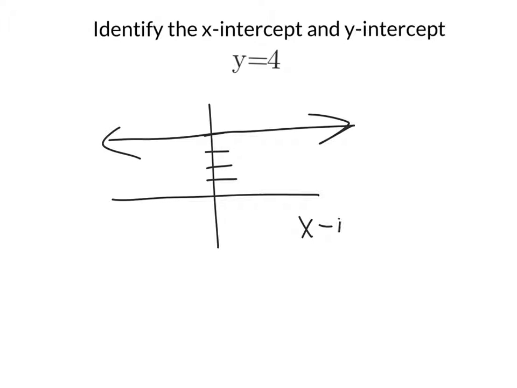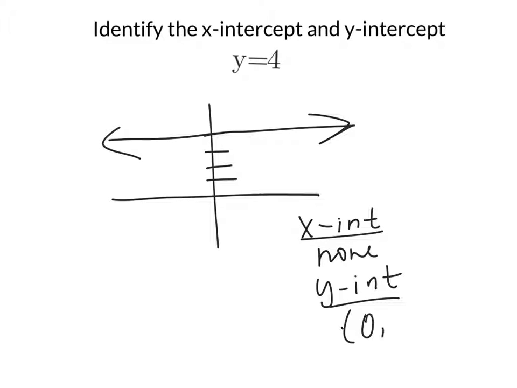For the x-intercept, let's say that there is none. And then for the y-intercept, this horizontal line touches the y-axis right here at +4. So the y-intercept would be the point (0, 4). It's the y value of the point where the line crosses the y-axis.